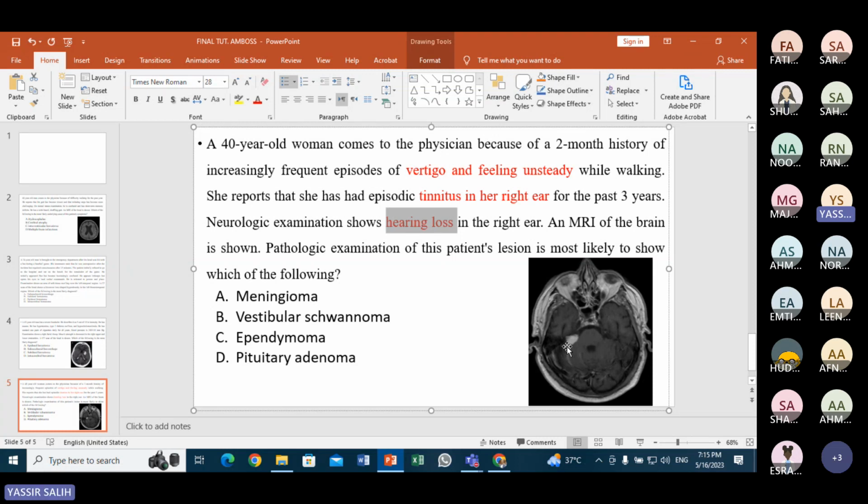So how to describe this lesion? Is it enhancing or not enhancing? Enhancing. So this is a lesion enhanced with contrast. What is the pattern of enhancement? Homogeneous. Yes, homogeneous enhancement. What is the region of this lesion? Where is it? What is this structure?